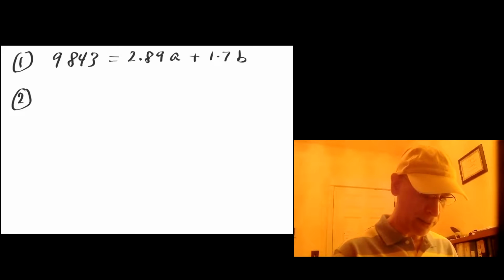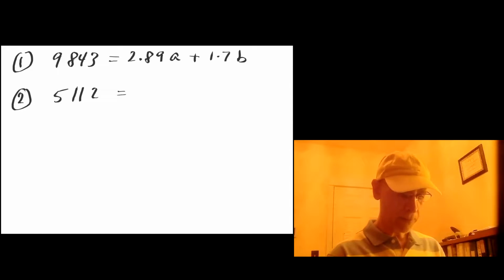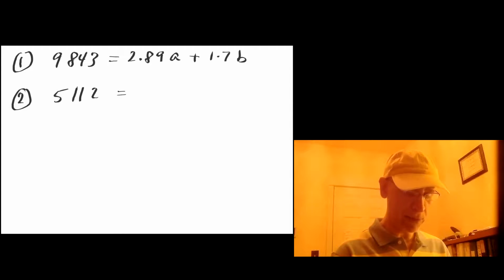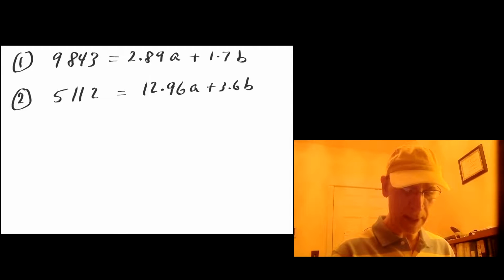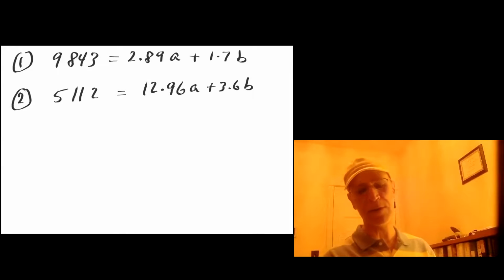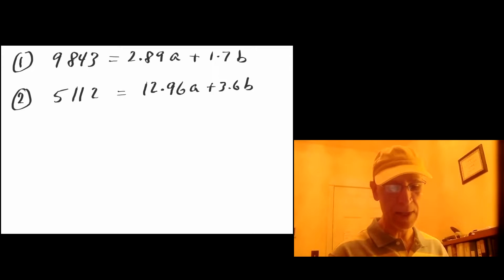And I'm going to rewrite the second equation as 5112 equals 3.6 to the second power, which is 12.96, times a, plus 3.6 times b. I'm not going to write plus c because we decided that c is 0.